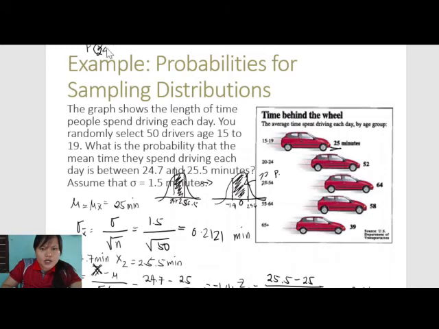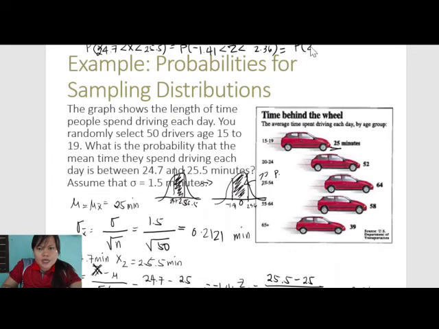So, 24.7 < x < 25.5 is equal to probability na ang z ninyo ay in between negative 1.41 and 2.36.